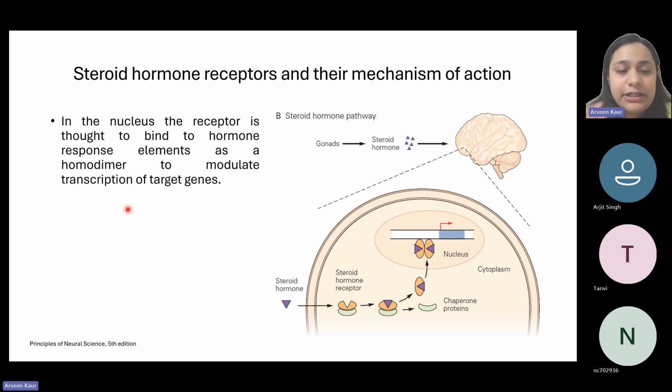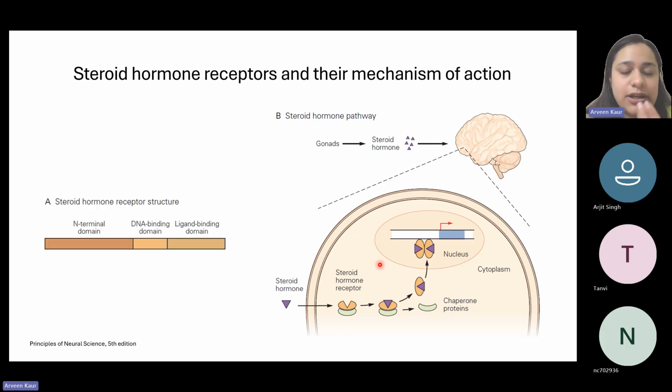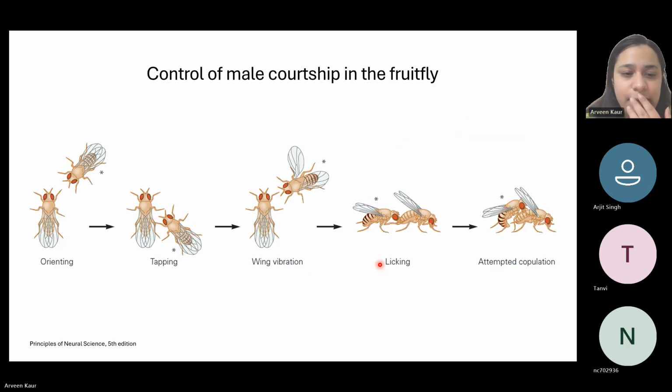It will generally have to be in a homodimeric form, that is, two of the same hormone and hormone receptor complexes come together, form a dimer, and then activate this pathway of transcription, right? So this is a summary of that mechanism, and that is how it generally works across species, right?